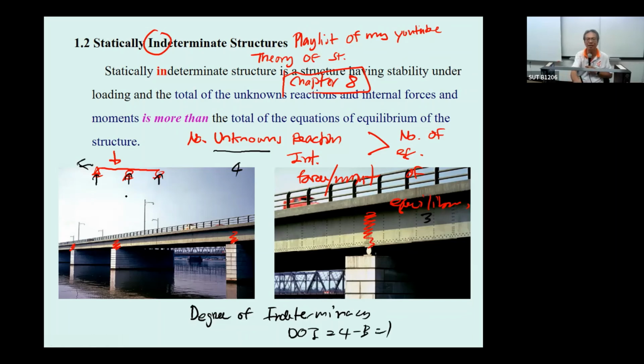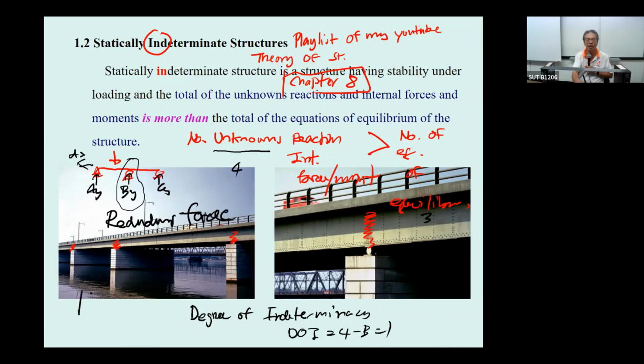From the consistent deformation, we will select one of these as the redundant. And I prefer to select this one. It's going to be easier. We use this as the redundant force, as the unknown force.